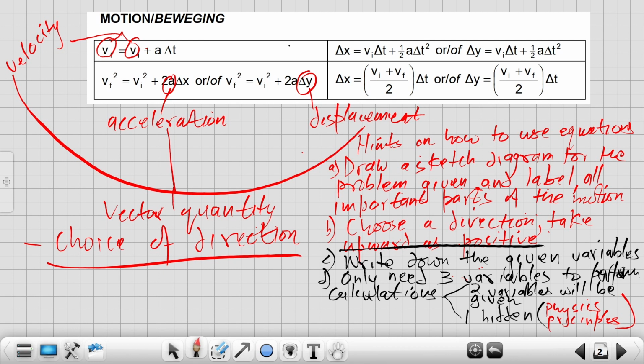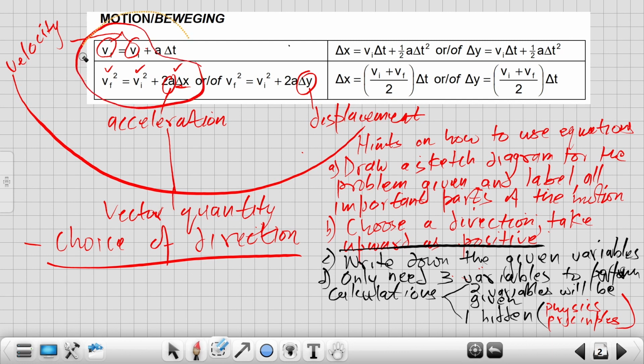If you are able to get the final one, then we can perform the desired calculations. Because if I have my v final, v initial, and my g, then I can calculate my displacement.